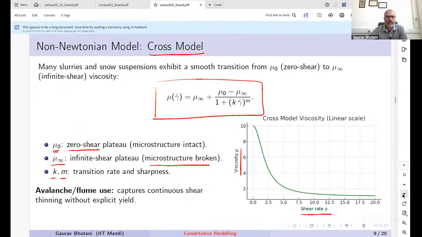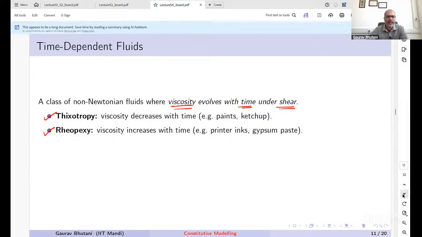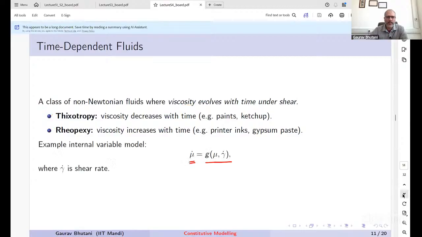We talked about very specific models like the Cross model, where the viscosity ranges between two different viscosities. And then we talked about time-dependent fluids like thixotropic and rheopectic fluids, where the viscosity changes not instantaneously, but over time.